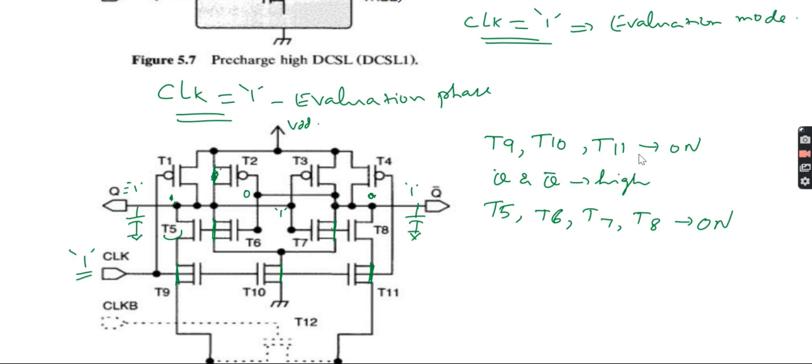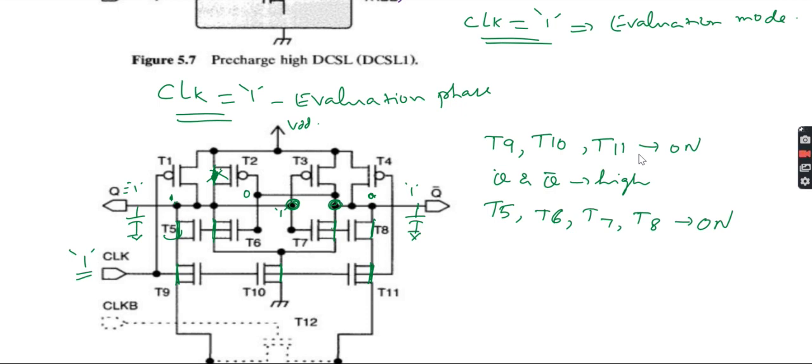Sorry, not this. Okay, this is on. Then T5 is on, T6 also on, T7 also on, and T8 will also be on because Q will be 1. In this portion you can see Q is 1, and here Q bar is 1, so that value will go there, and T8 is also 1. So T5, T6, T7, T8 are all on.